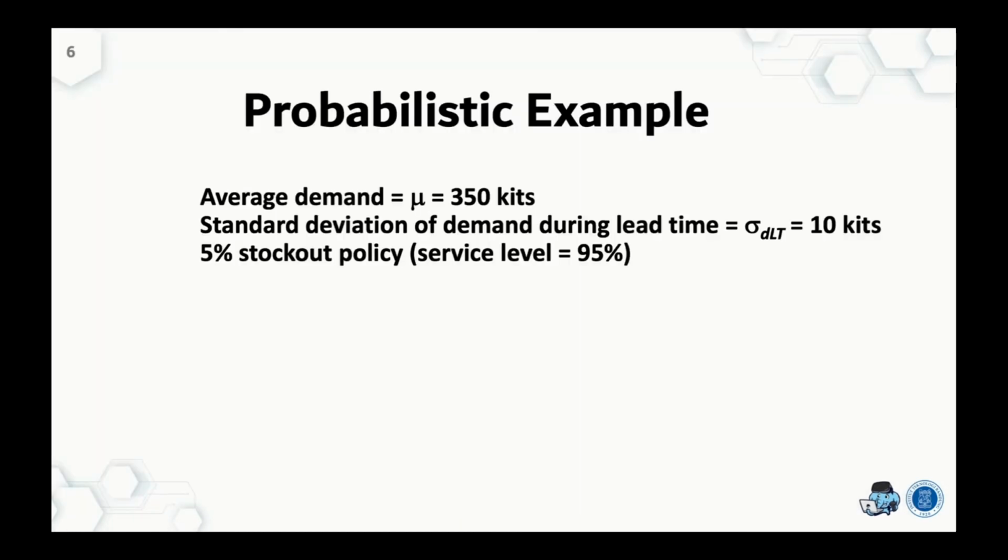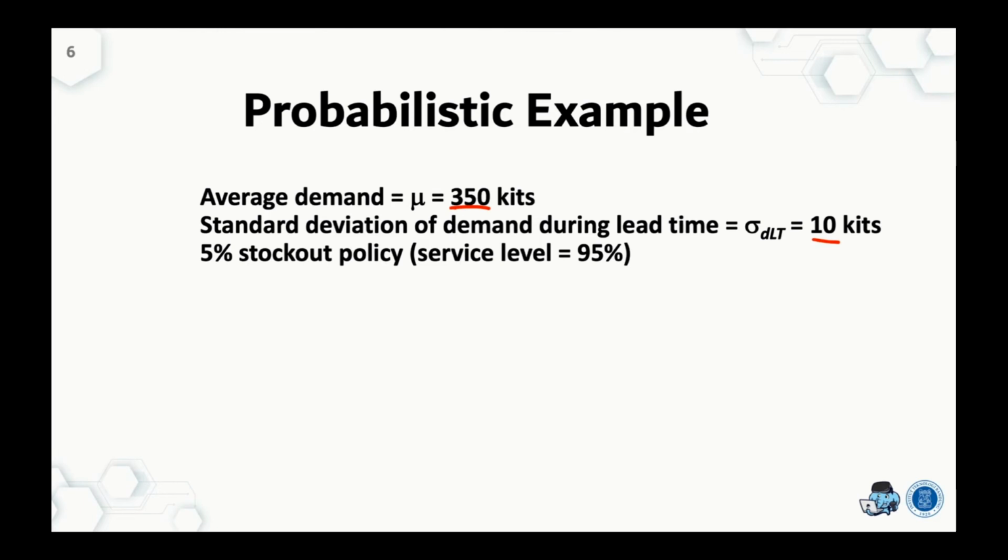Let's take a look at a simple example of determining the stock out. Consider the situation where the average demand mu is 350 and the standard deviation of demand during lead time is 10, and the management determines a 5% stock out policy.